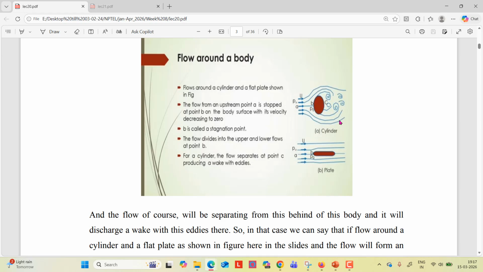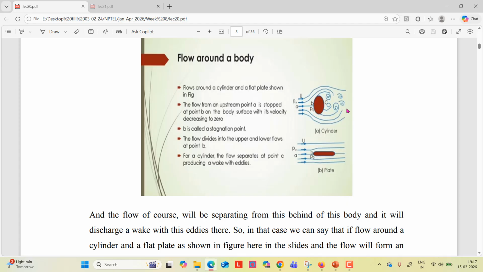We can see flows around a cylinder and a flat plate shown in different figures. So what happens? The flow from an upstream point A is stopped at point B. This is because this flow cannot go anywhere. The surrounding streamlines can go around this cylindrical obstruction, but this particular streamline cannot cross.